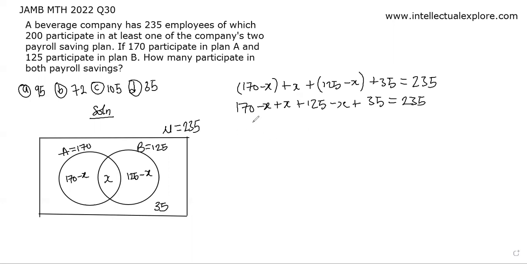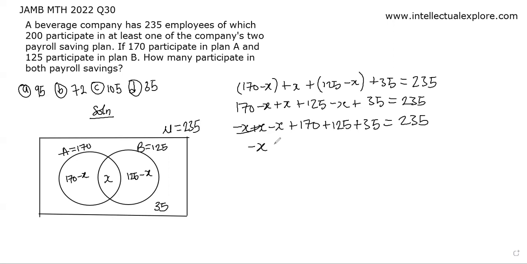So we collect like terms. We have minus x plus x minus x plus 170 plus 125 plus 35 equals 235. So minus x plus x will cancel as 0. So we are left with only one minus x.